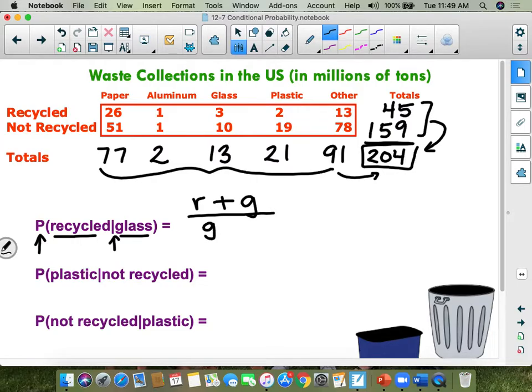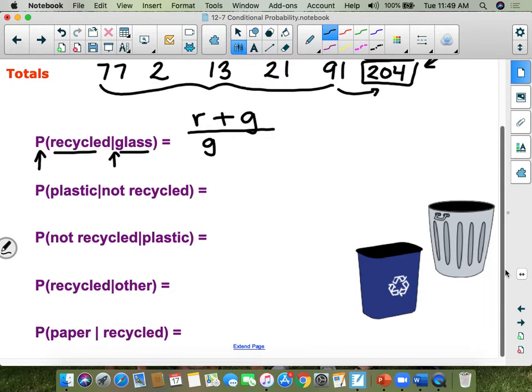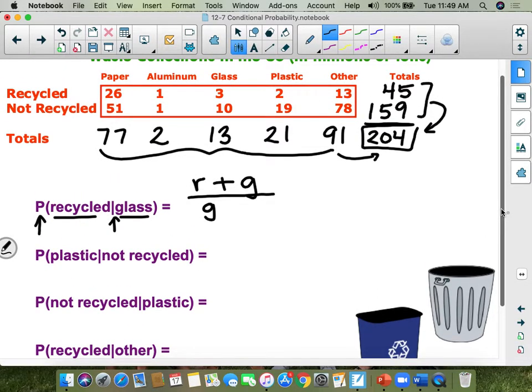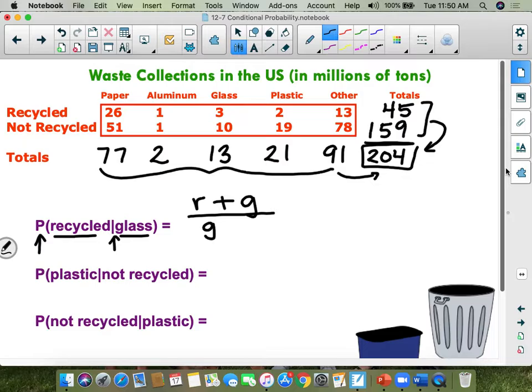And I'll do more than, what do we have? 4 examples. I can do more than 4, but I have 1, 2, 3, 4, 5 to do, and I think you'll catch on after these 5. So I'm going to keep writing the formula down, and then hopefully you understand.